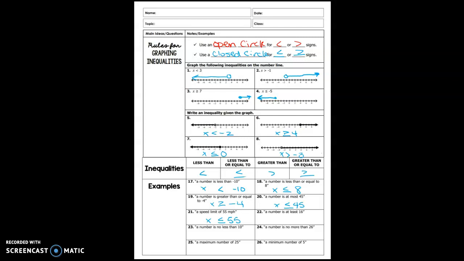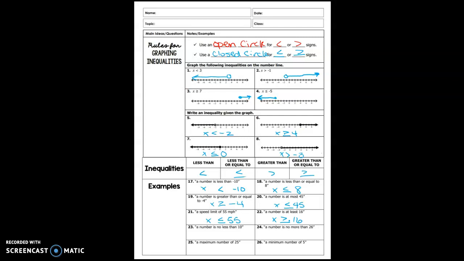The lowest this can be is 16, but it also could be 16. So we would have x is greater than or equal to 16.